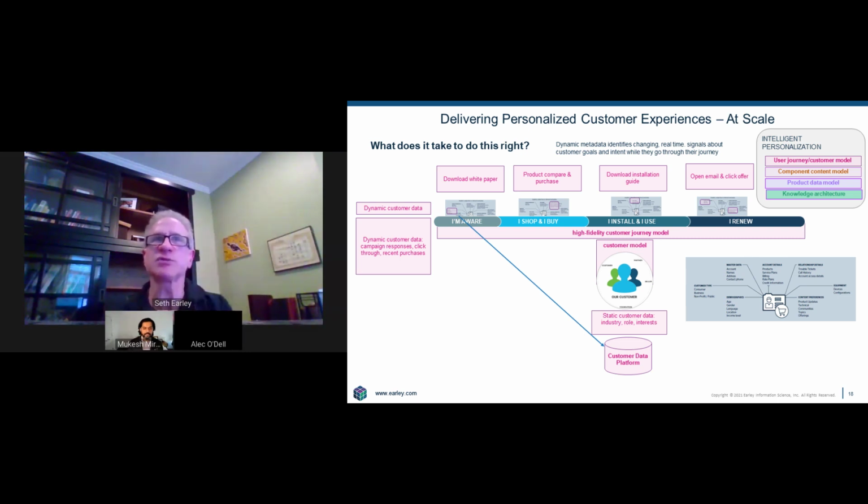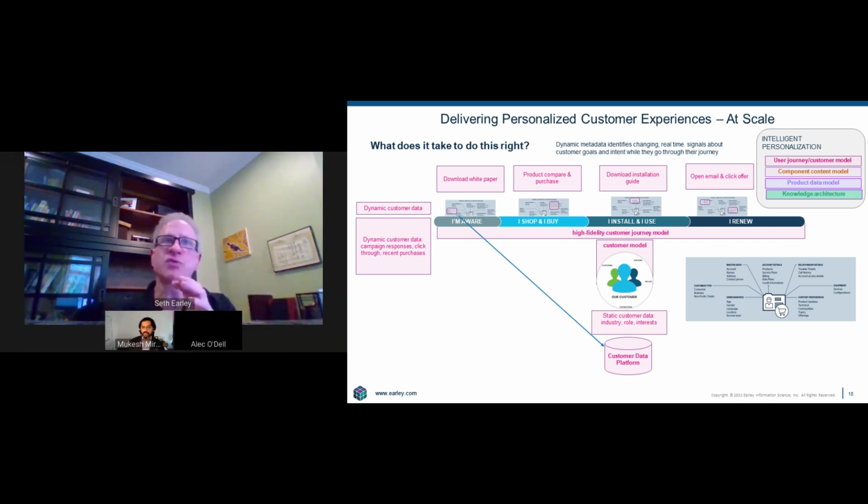But again, here's the customer model, and here are the things that are slower moving. I call it static, but it's the industry, the role, the interest, those types of things. Then we have the dynamic information, the click-through responses and the real-time recent purchases, trouble tickets, and so on.